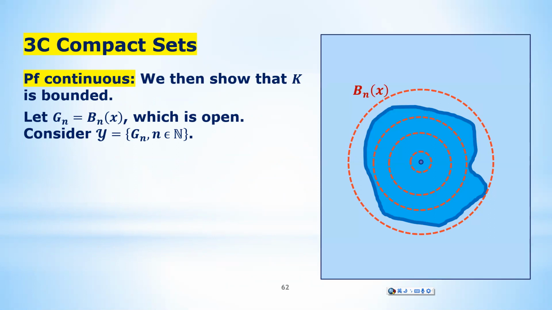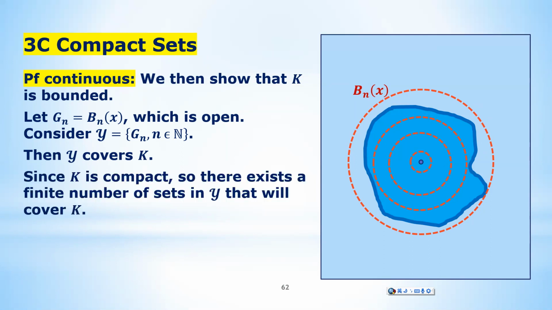As n increases, the balls get larger and larger, so the whole union obviously covers K. Because n can go to infinity, the whole union actually covers R^p itself, the entire space. Of course, it covers K, right?